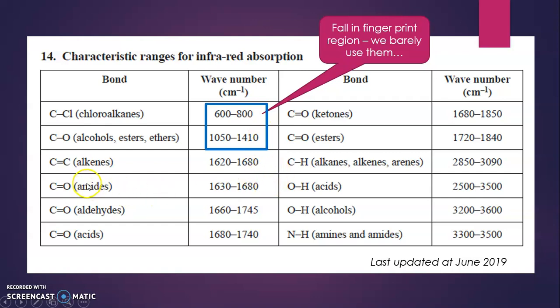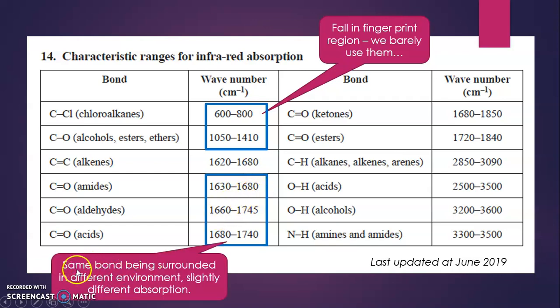Looking at all the different carbonyl groups, you'll notice that they all have slightly different absorption bands. Sometimes they even overlap with each other. This is because the same bond is surrounded by a different atomic environment, and therefore they're slightly different. So in IR, in the first couple of steps leading us to identify the functional group, we don't really use these numbers. We only use the regions.